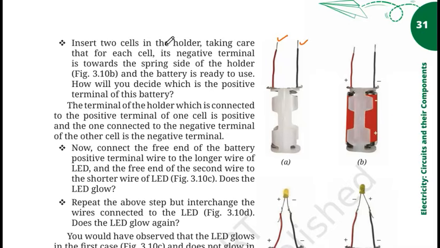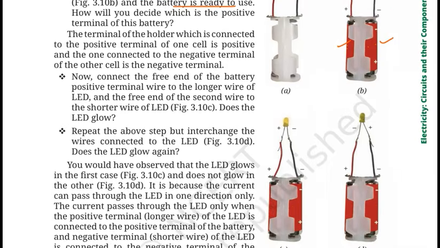So insert two cells in the holder. You see one and one. Two cells are already inserted in the holder. We already know how we can insert the cell. So the negative terminal should be towards the spring side of the holder. Now the two cells are connected. So now we call it a battery and the battery is ready to use. Now what do we do now? We connect the LED lights.